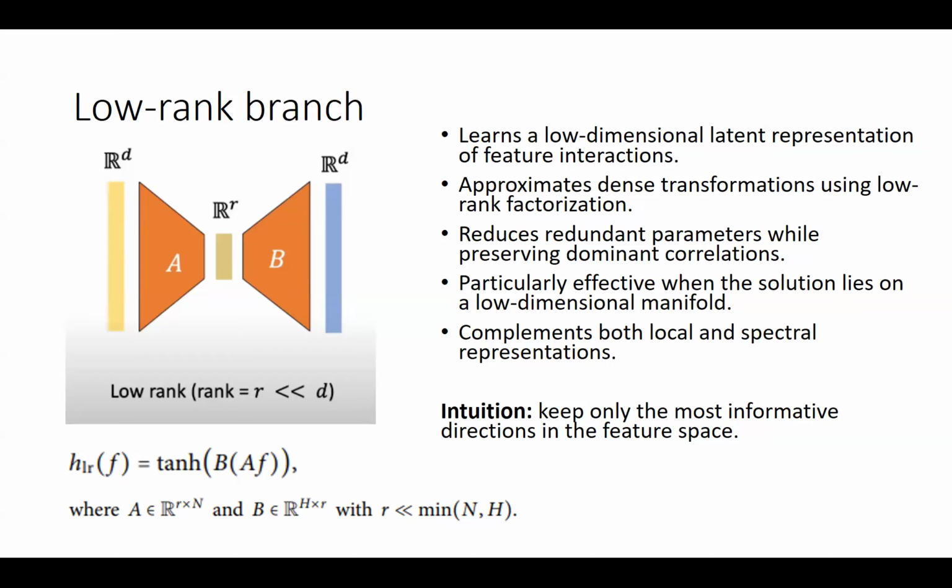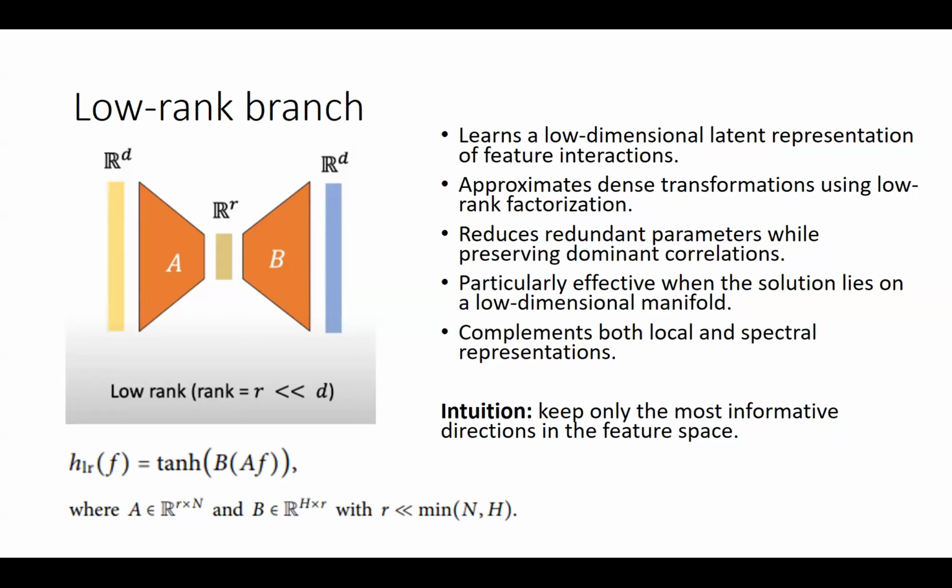We perform an explicit low-rank factorization. We decompose the mapping into two smaller matrices, A and B, and the data passes through an intermediate space of rank r, where the rank r is chosen to be much smaller than the input dimension n or hidden dimension h.